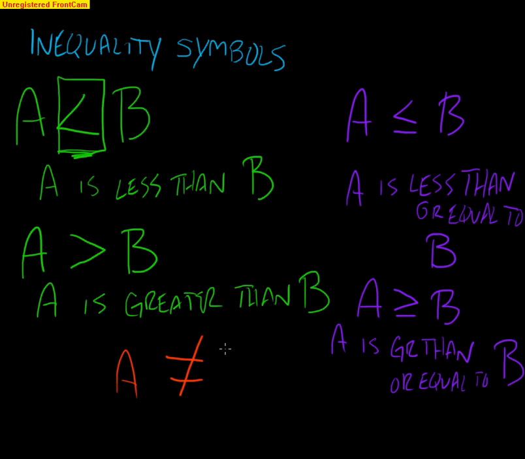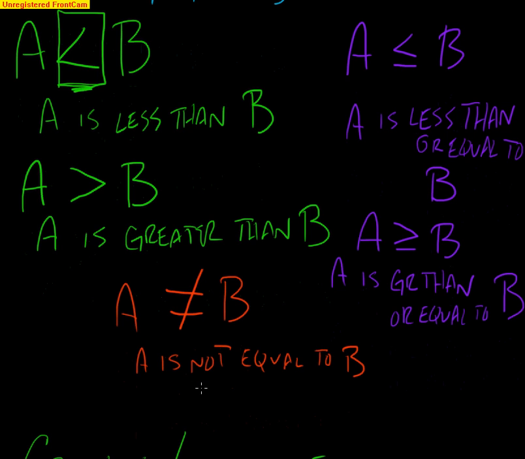So A, reading left to right, A is not equal to B. So you can see in green I have my less than and my greater than. In purple, I have less than or equal to, or greater than or equal to, and in red I put the not equal to. Simple. Hopefully that concept's pretty easy to understand.